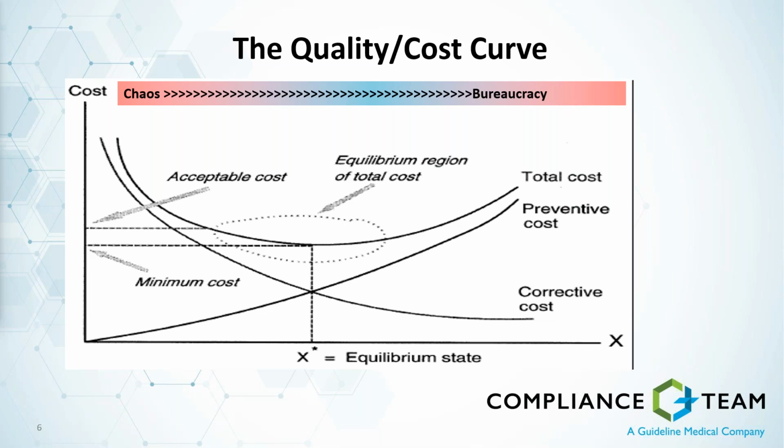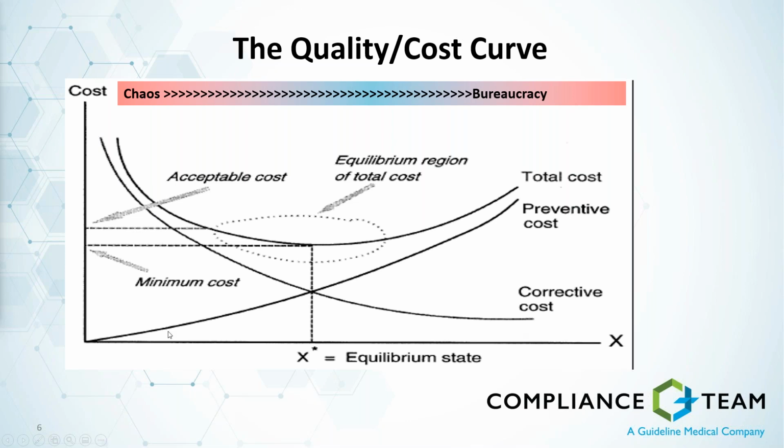And so this graphic illustrates that in the very beginning, you're deciding whether you want to spend a lot more cost in firefighting over here, or here you're spending a lot of cost in bureaucratic garbage. As you increase your spending in preventive costs, your costs in bureaucracy decrease.